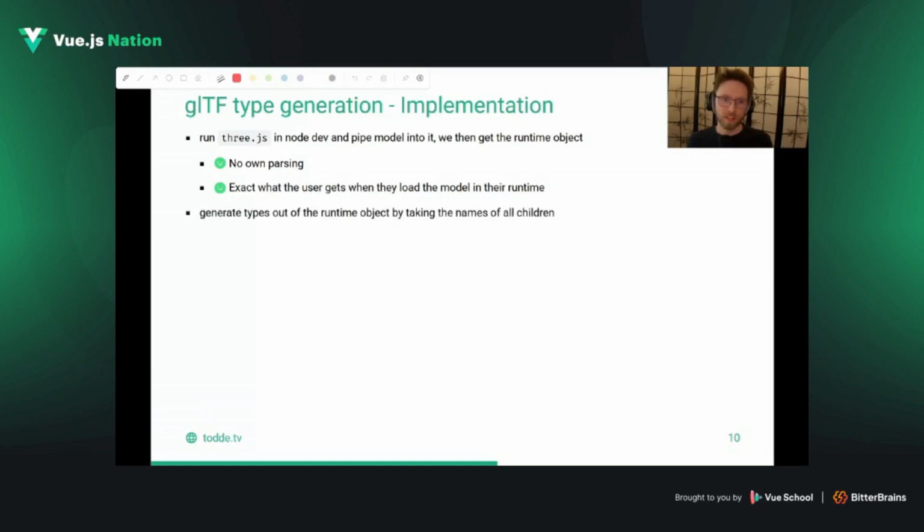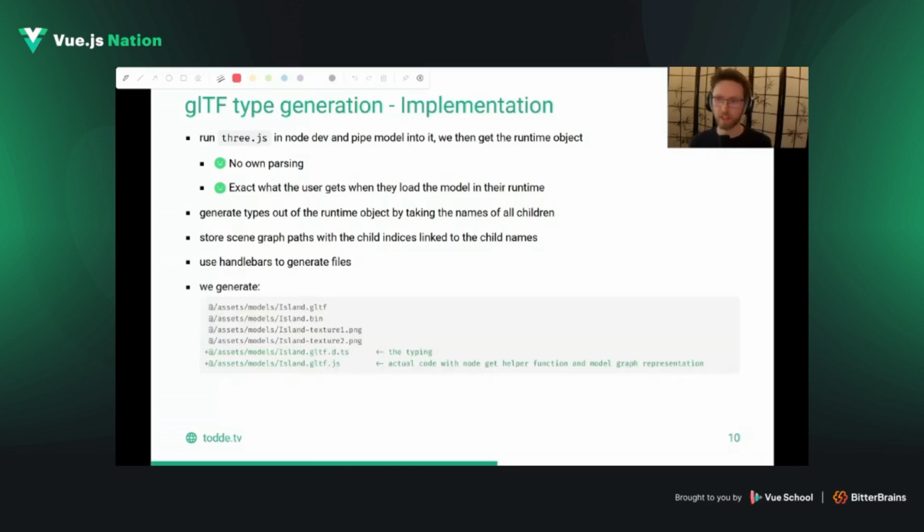After we have created this runtime object, we generate the types with it. And by that, we're taking the names of the children and linking them with the indices of the children inside the arrays. And then we use handlebars to generate the files we then want to use in the project.